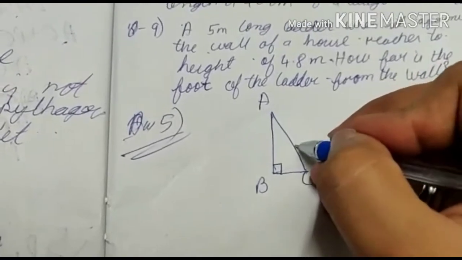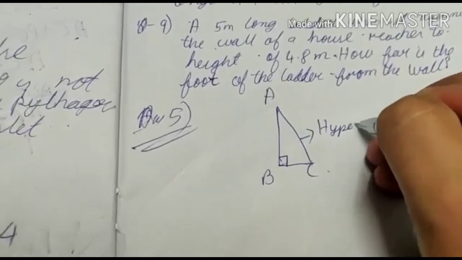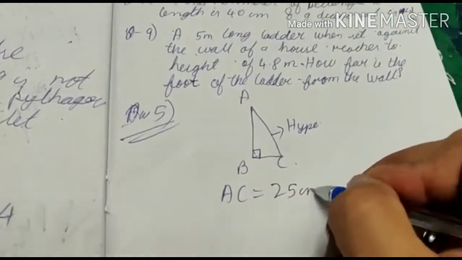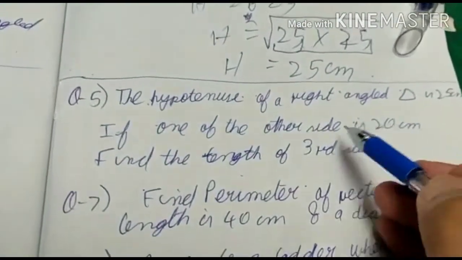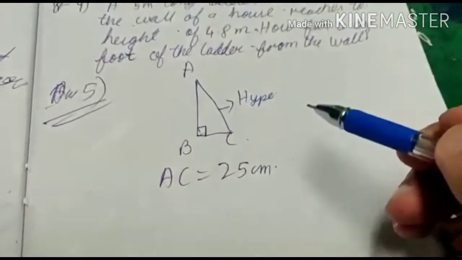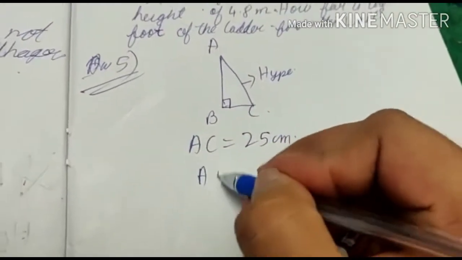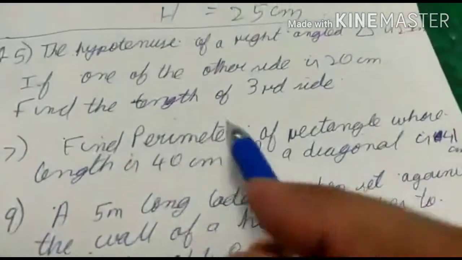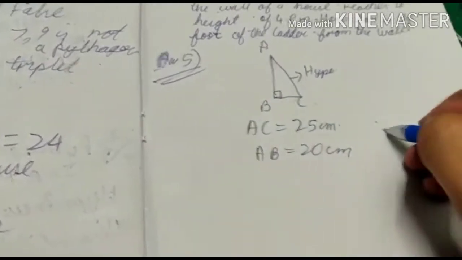So side in front of this is hypotenuse, that is AC is equals to 25 centimeter. One of its other side is 20 centimeter, like there are two more sides left. Any other side is 20 centimeter. Take AB equals to 20 centimeter. Okay. Find the length of third side. You have to find the length of BC.